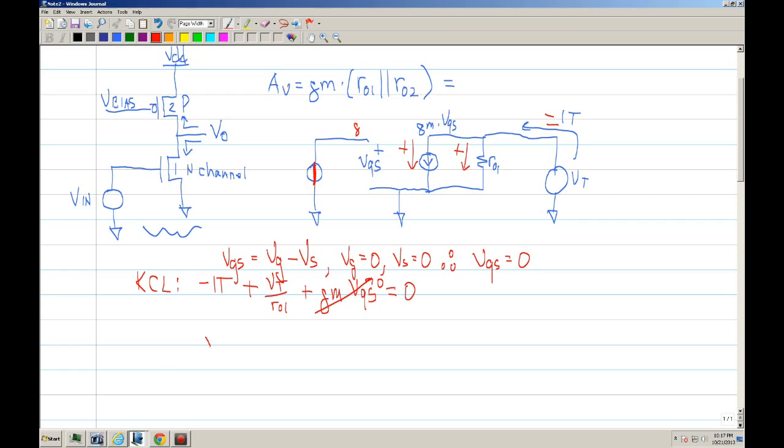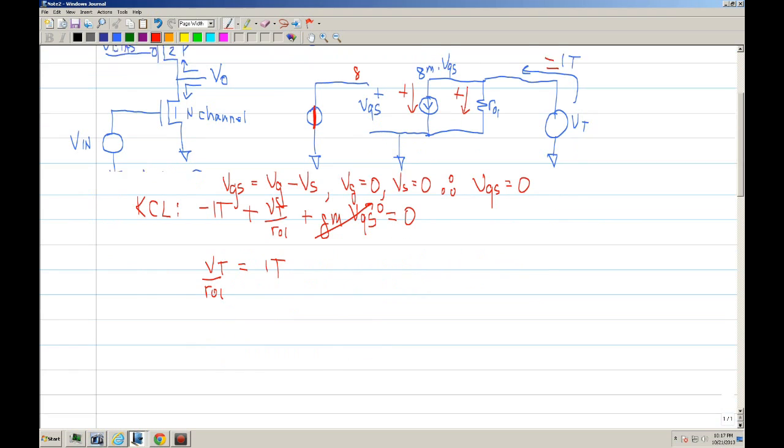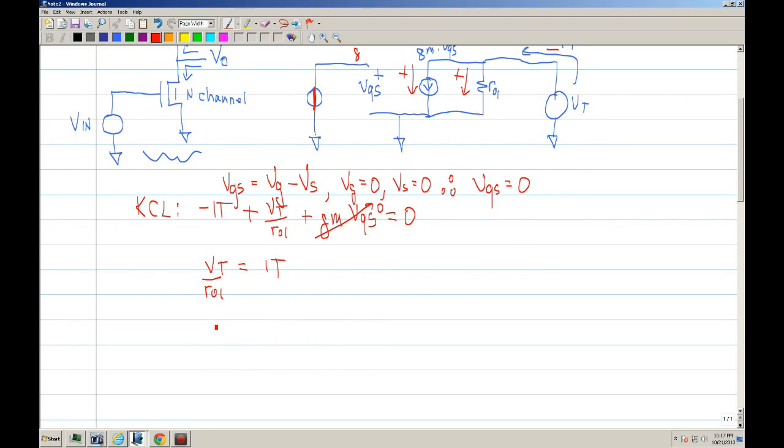So we should have vT equals... I'm not going to skip any step, I'm going to be rigorous. Then you should have vT over iT equals r sub 1.